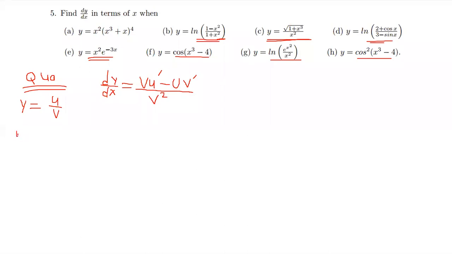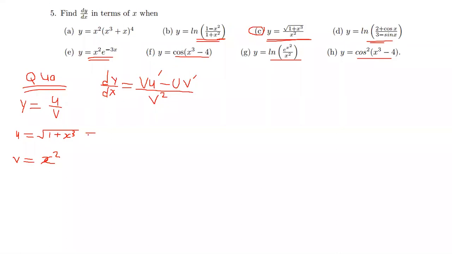So I'll say let my u be equal to, so I'm solving this question here, the root of 1 plus x squared or x cubed. And then my v is going to be equal to the denominator there, which is x squared.